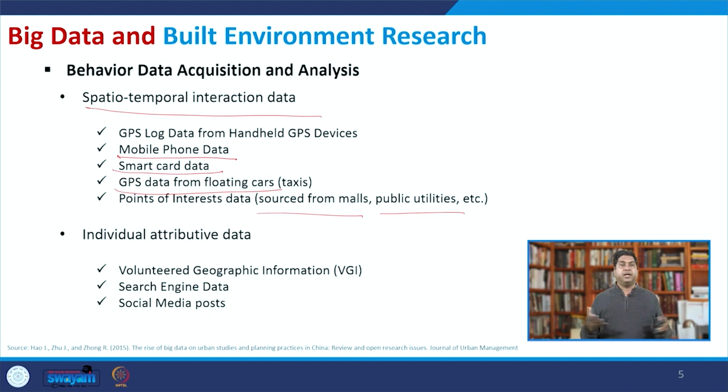Now how you analyze it in a given time, what is the maximum footfall, what could be the maximum parking demand in a shopping mall, those kinds of analysis can be very well performed if you have access to that information.